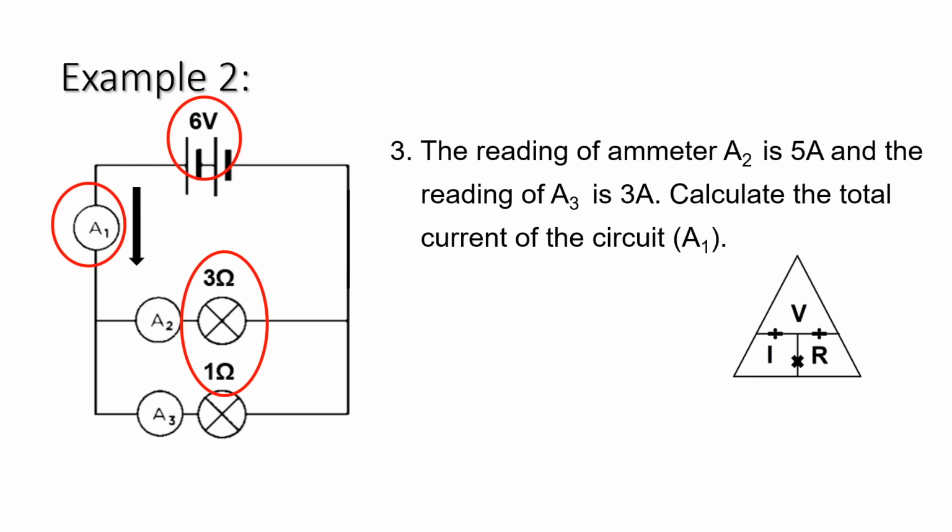The formula which we will use to calculate the total current is I is equal to V over R. V is the total voltage and R will be the total resistance. So we substitute in: I is equal to 6 V divided by 0.75 ohms, and it gives us an answer of 8 amperes. This is a second possible way to calculate total current based on what we've calculated previously in the question.